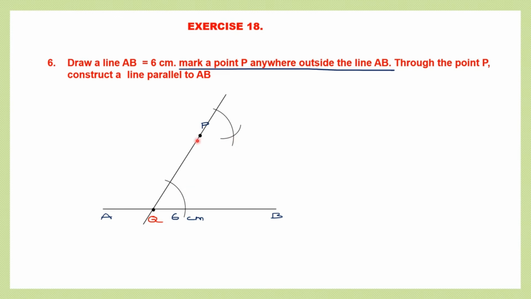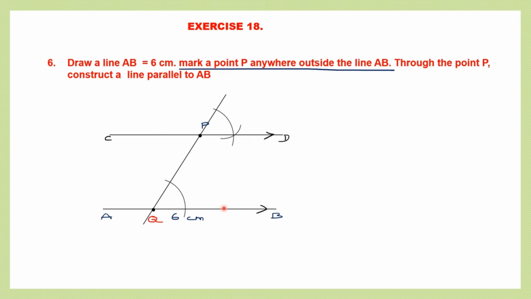Now here we're going to join this point P to this point of intersection and draw a line. So can you see we have drawn a line. Now these two lines are the parallel lines. So this is parallel to this line. We can name this as C and D, lines C and D. They are parallel. Now you can check this.